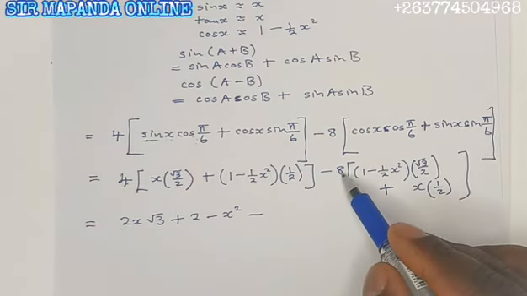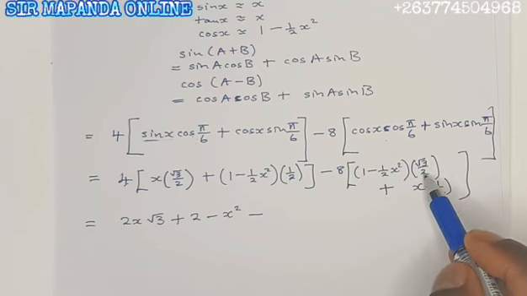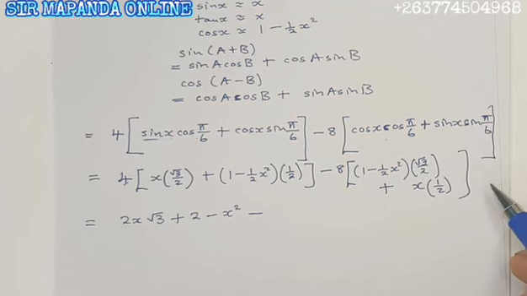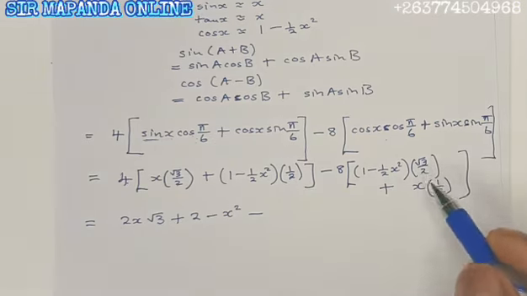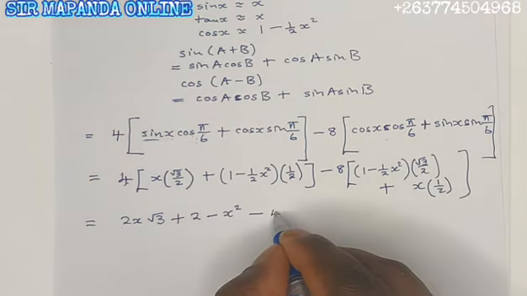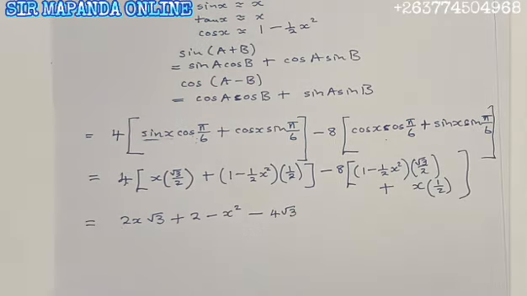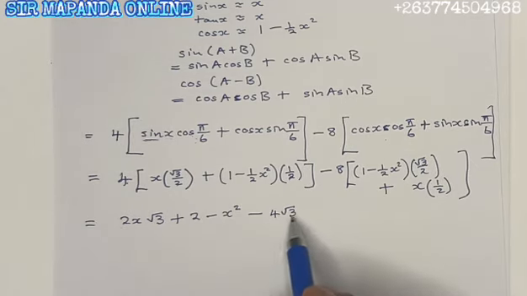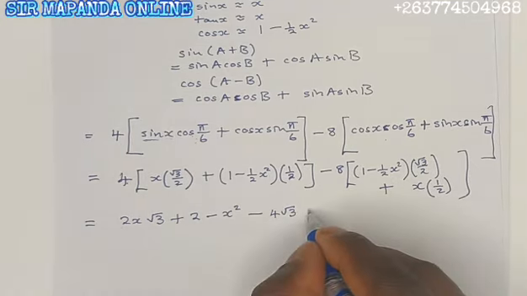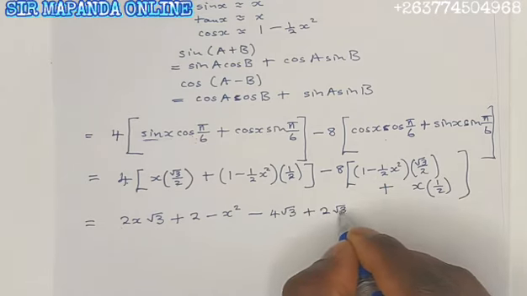Minus 8 is going to start by multiplying root 3 over 2. You get minus 4 root 3. So minus 4 root 3 times 1, you get minus 4 root 3. I hope you are following. Then minus 4 root 3 times half times minus half, you get plus 2 root 3.